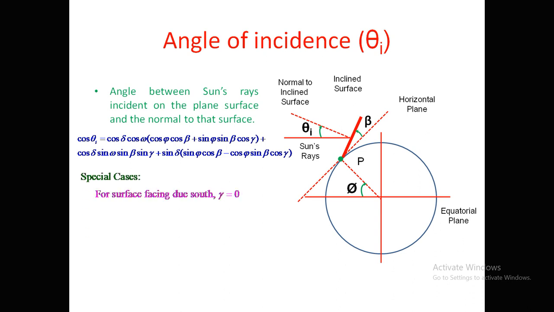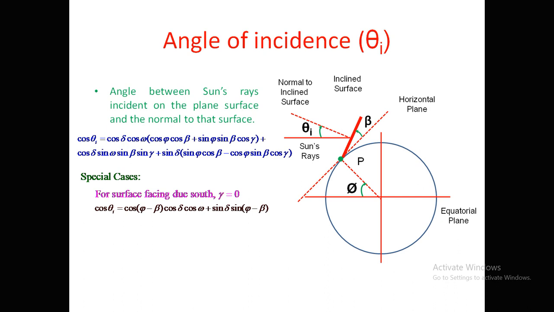For example, for a surface facing due south, what is angle gamma? Gamma means the surface azimuth angle. If the surface is facing due south, that means gamma should be 0. So if we make gamma 0 in the previous equation, we have this type of equation: cos theta I is equal to cos (phi minus beta) cos delta cos omega plus sin delta sin (phi minus beta).